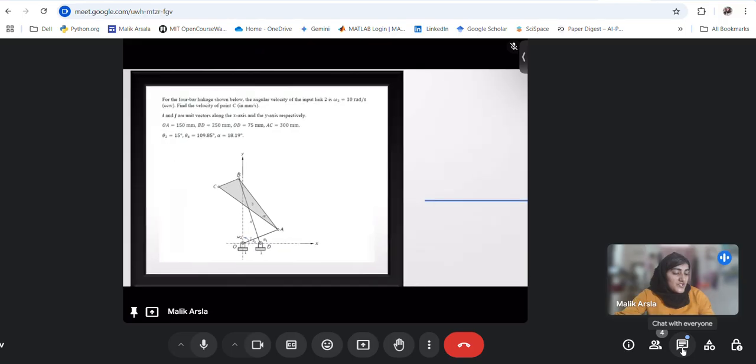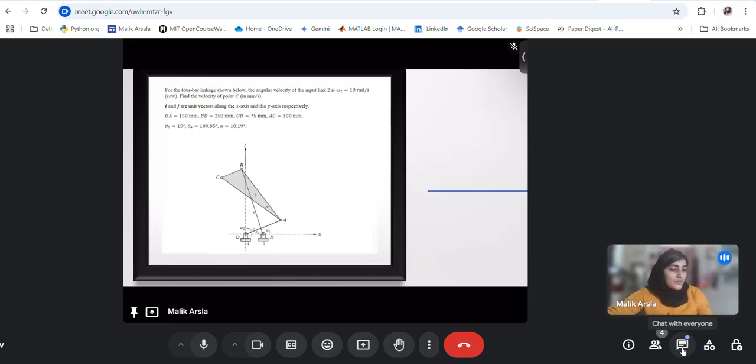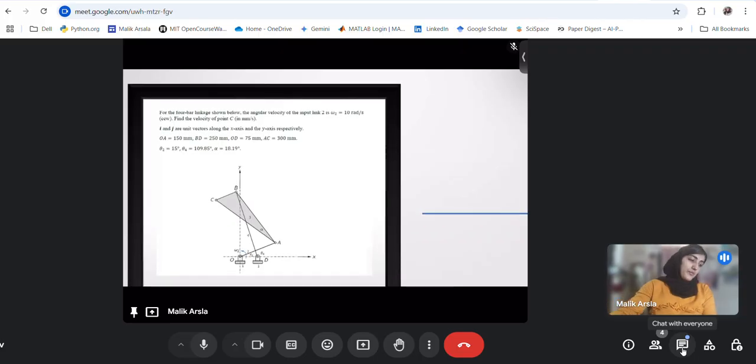So the next question is an extension of the same problem. Here this whole mechanism is the same. This angle alpha has been given to us as 18.19 degrees.